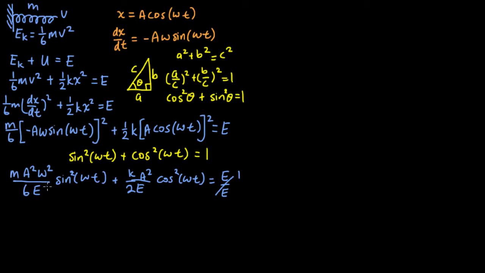We see that the coefficients for sine and cosine are 1. This means that this part equals 1 and this part equals 1, and they both equal each other.